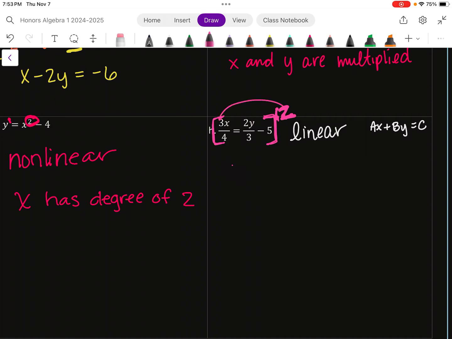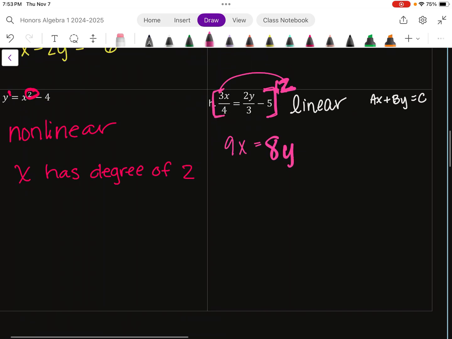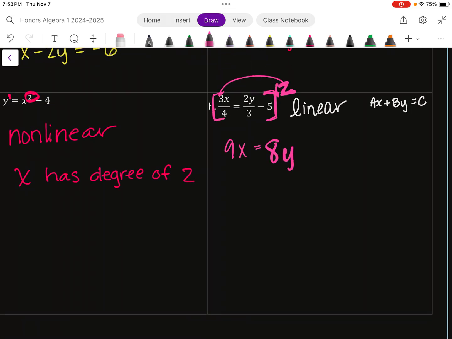So distribute that in. So that's 9x is equal to, distribute that 12 into the 2 over 3. So that's 12 divided by 3 is 4. 4 times 2 is 8y, and then minus 60.